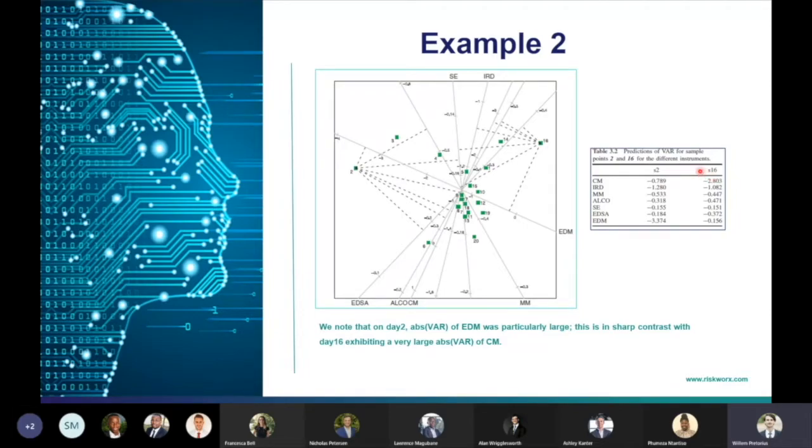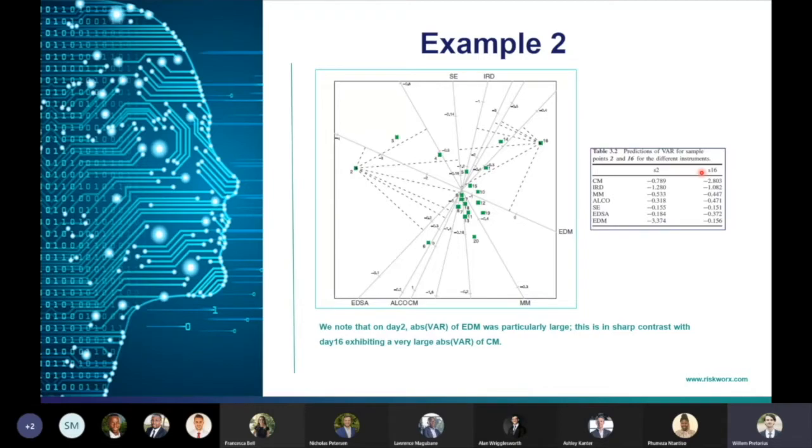This is the type of useful information financial planners and managers need to take notice of. They can now research the circumstances surrounding EDM at the beginning of the period and those of CM towards the end of the period, to suggest in the future what circumstances could lead to high risks on EDM and CM.